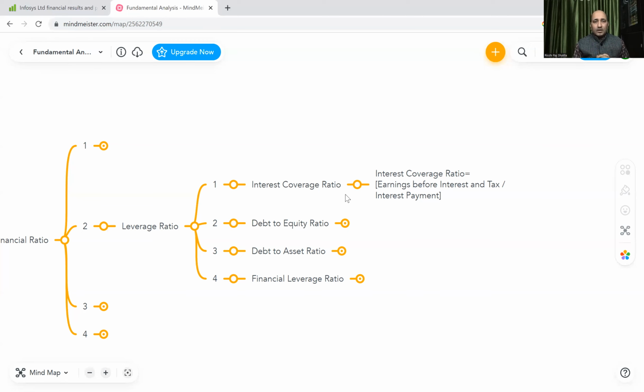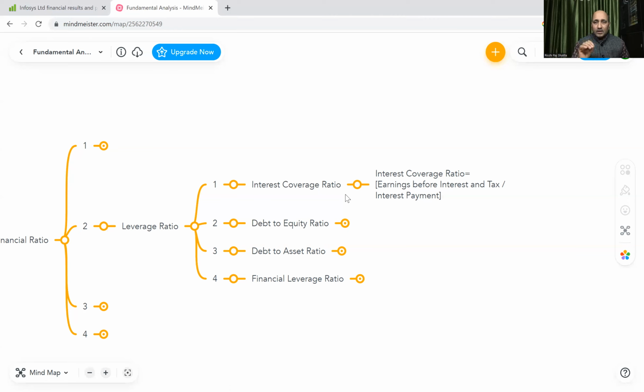Now comes the second part, the debt to equity ratio. Sorry, I forgot one thing: to give you the formula for how the interest coverage ratio is calculated. The interest coverage ratio is equal to earnings before interest and tax divided by interest payment. So what is earnings before interest and tax?